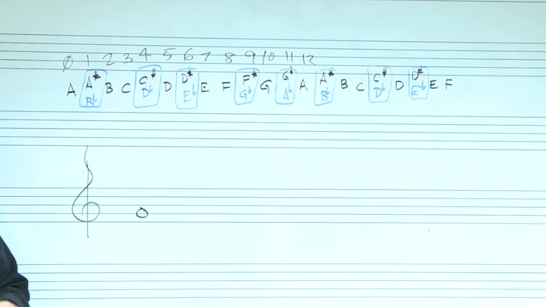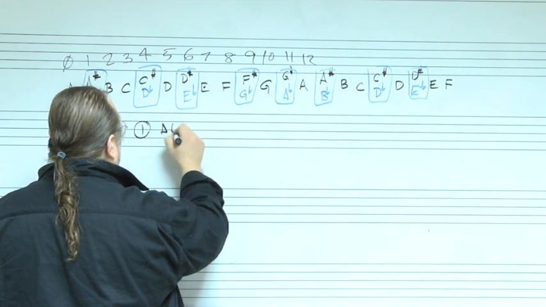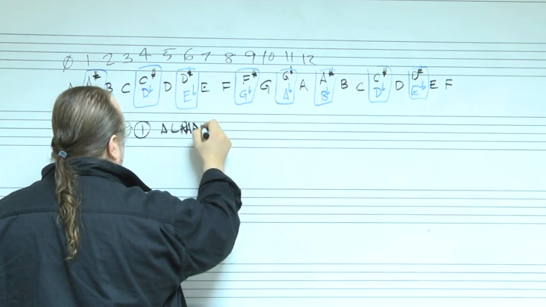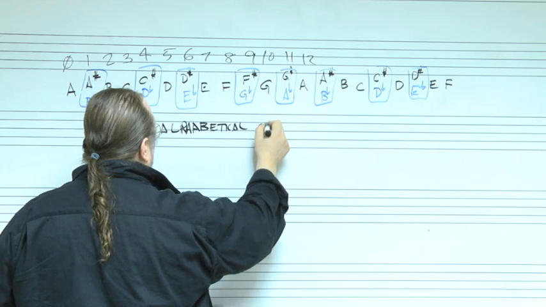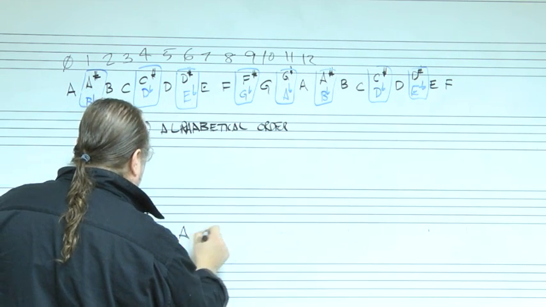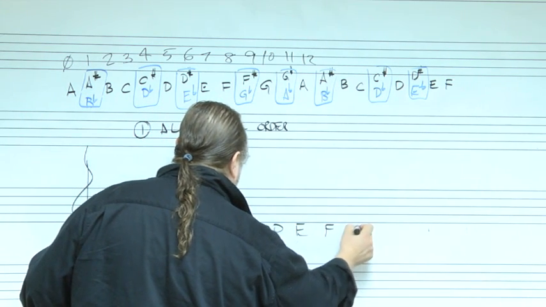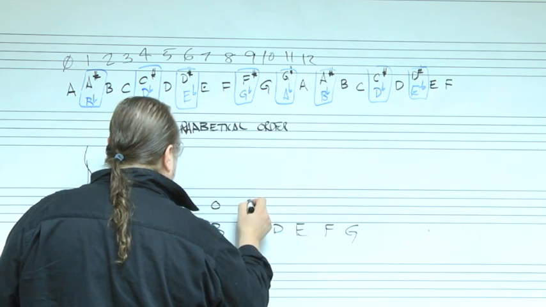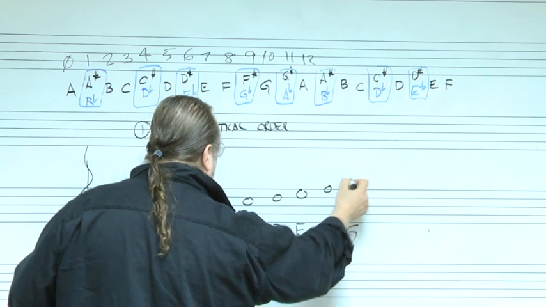Write that down, step 1, alphabetical order. So G, A, B, C, D, E, F, G.